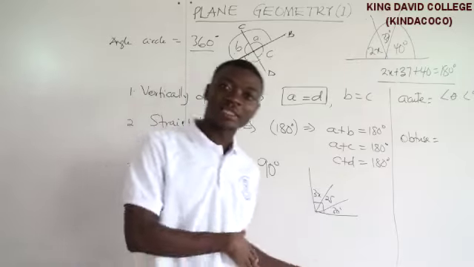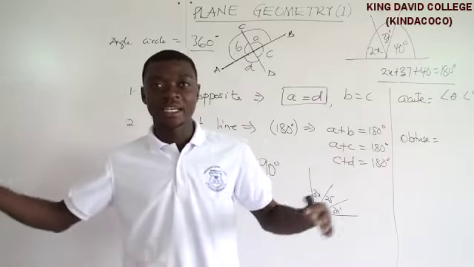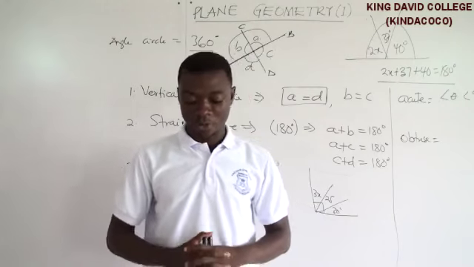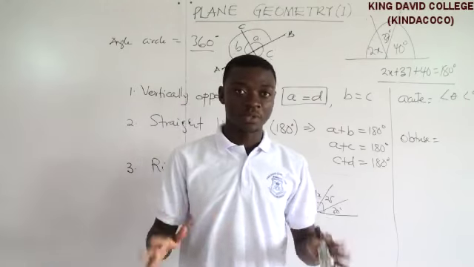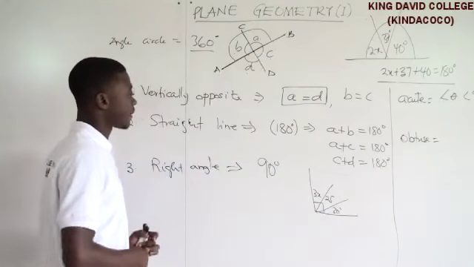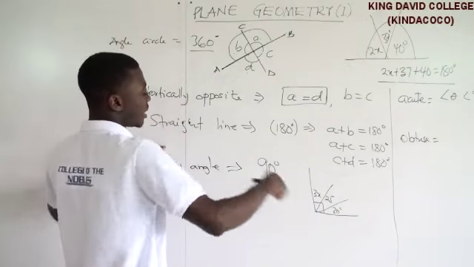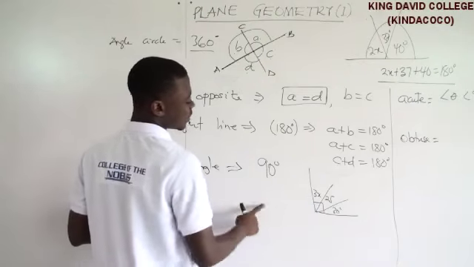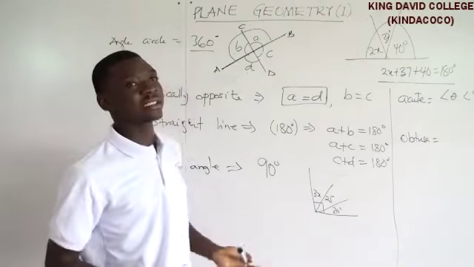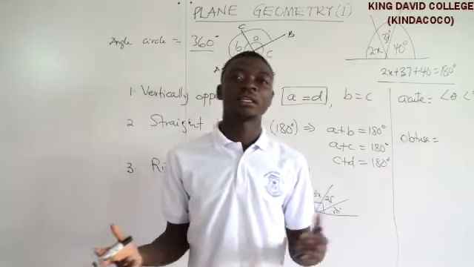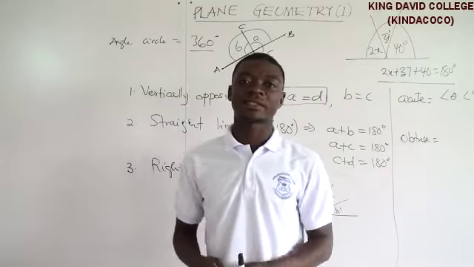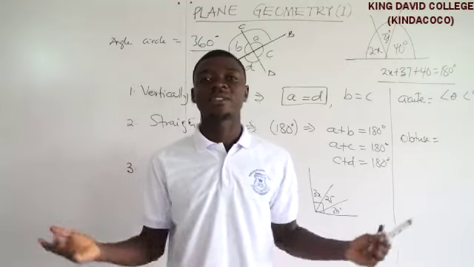So between 90 and 180 degrees, you have what we call an obtuse angle. It can be spread like this: 120, 150, 170, 179, and the rest.